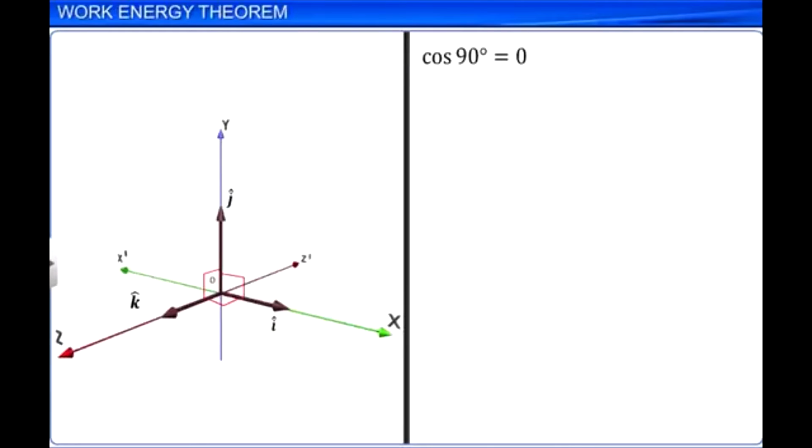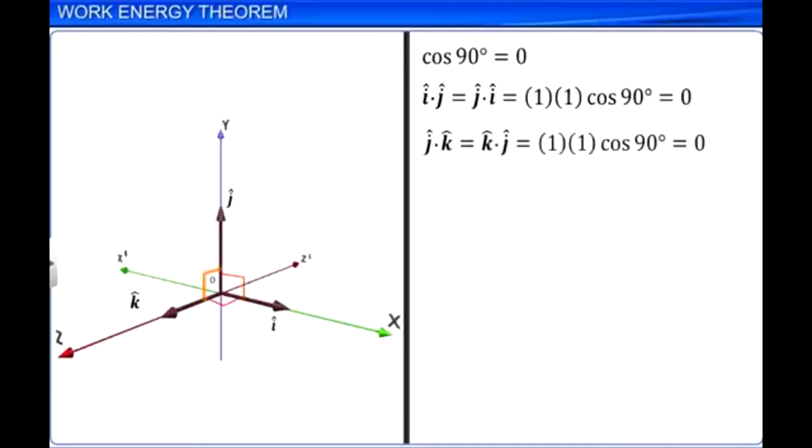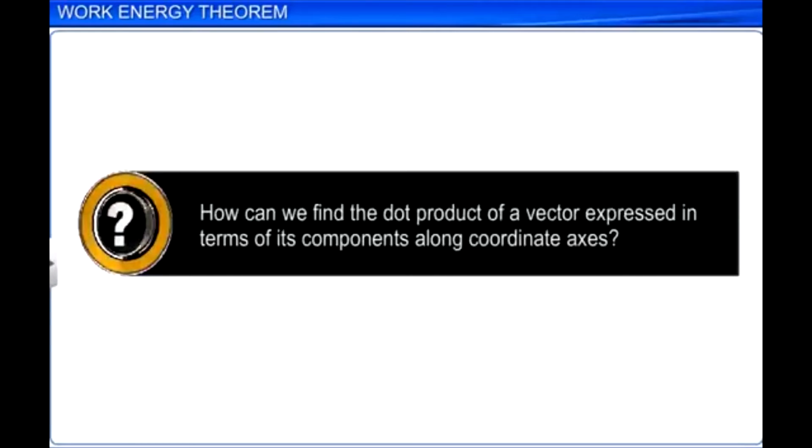So, i dot j is equal to 0. j dot k is equal to 0. And k dot i is equal to 0. How can we find the dot product of a vector expressed in terms of its components along the coordinate axes?